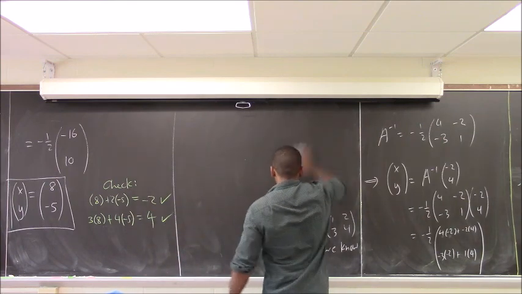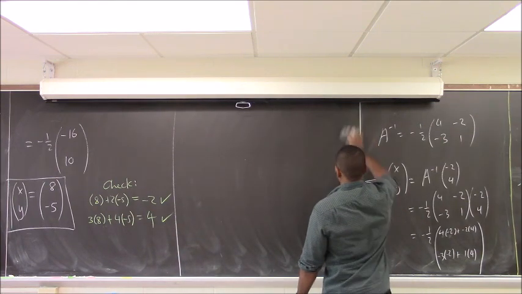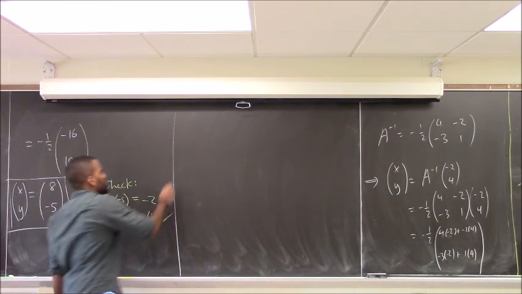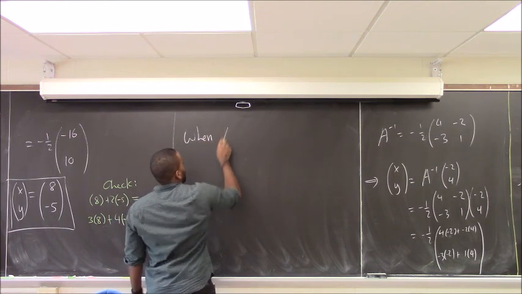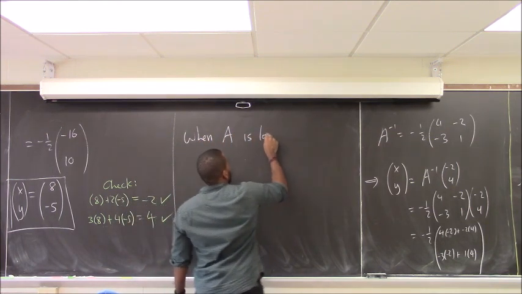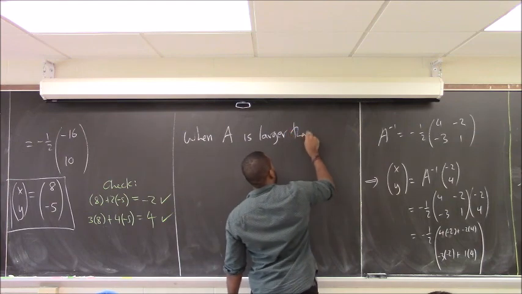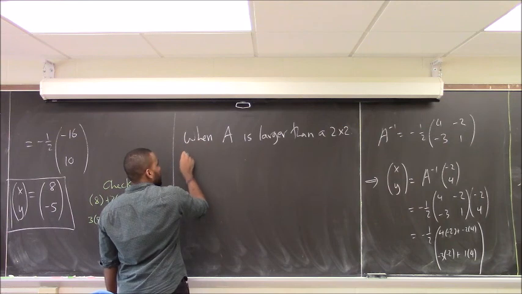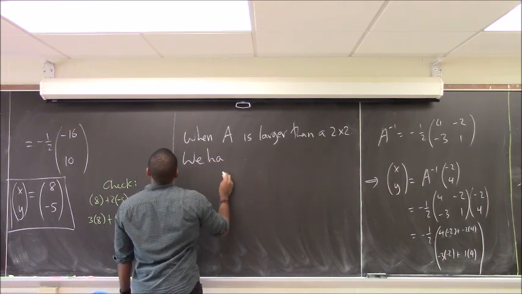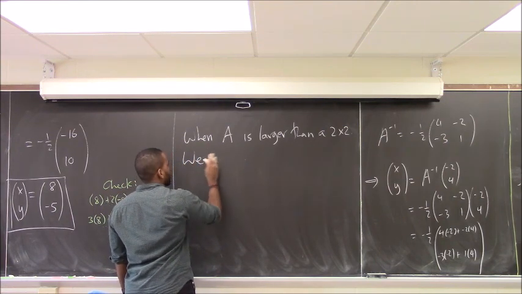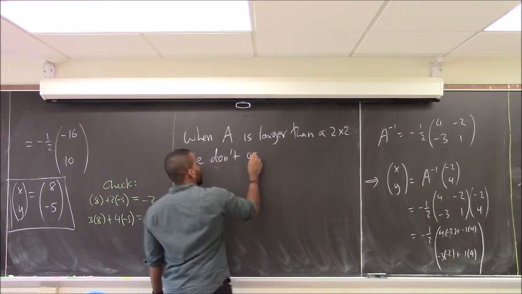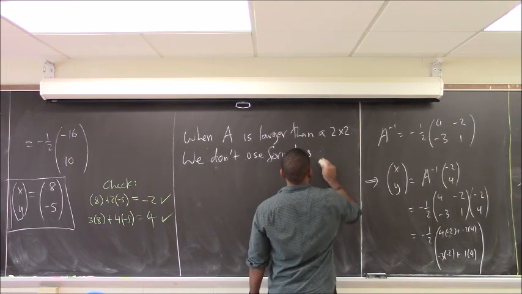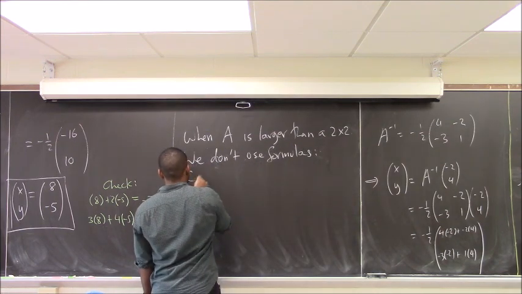Now, I want to do an example like on the handout that I gave you, so you can see how that would work out. When A is larger than a 2 by 2, we don't use formulas, we just compute.